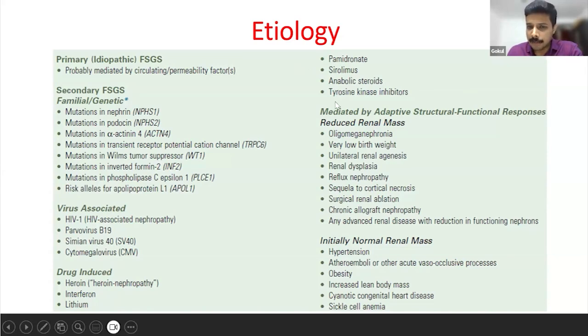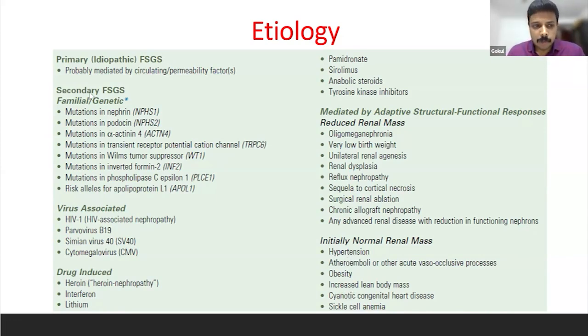And the adaptive forms of FSGS, those which have reduced renal mass at birth, which include oligomeganephronia, unilateral renal agenesis, renal dysplasia, and those patients who have initially normal renal mass, which includes hypertension, obesity, increased lean body mass, cyanotic congenital heart disease, and sickle cell anemia.